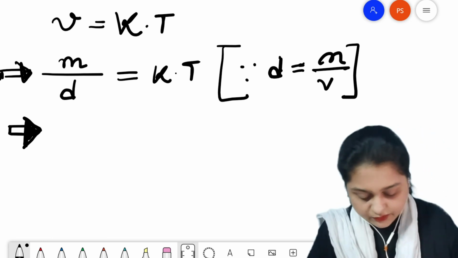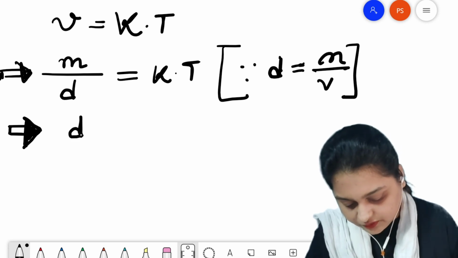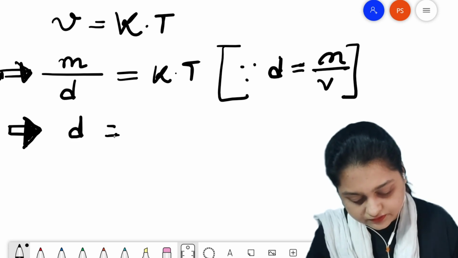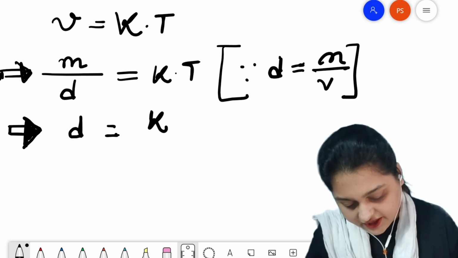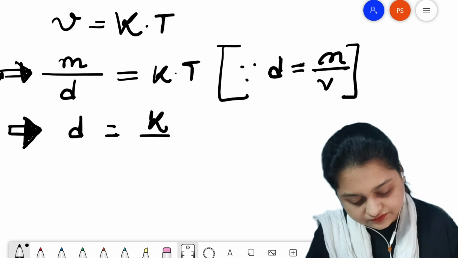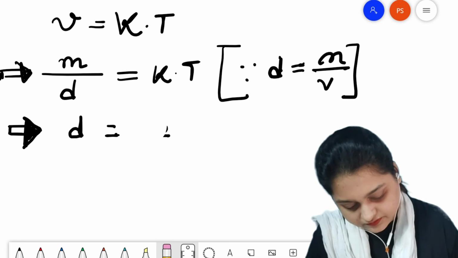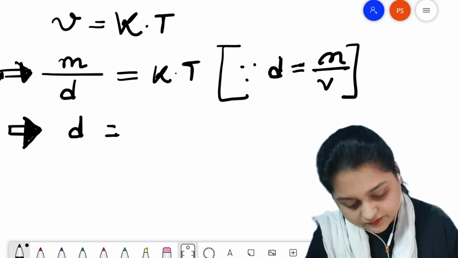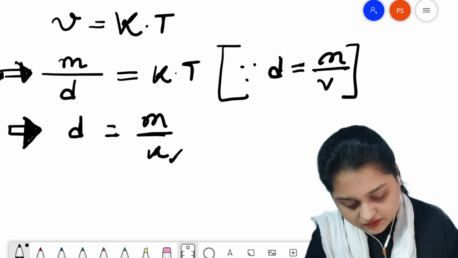By doing that we have d equals m by K, whole into 1 by T.